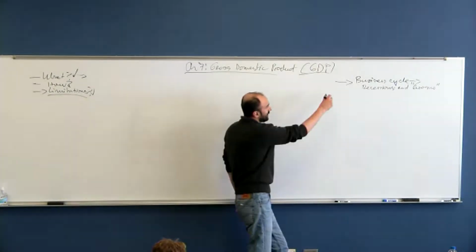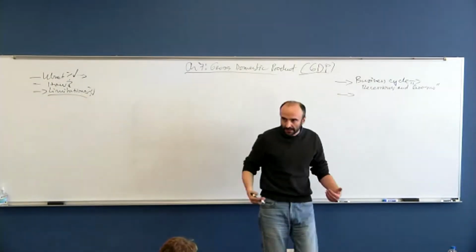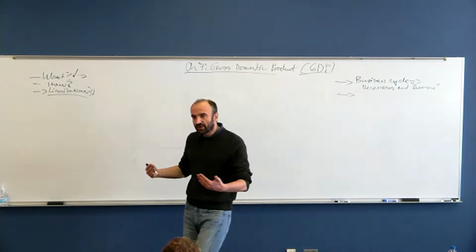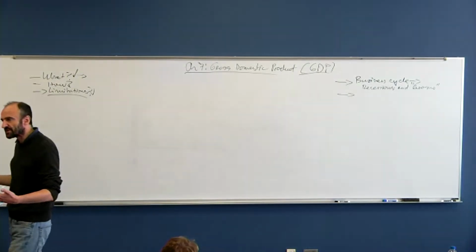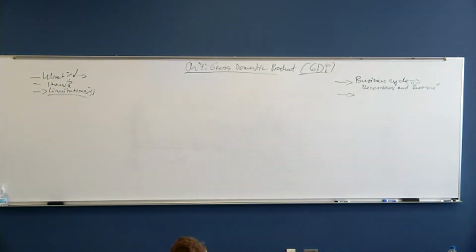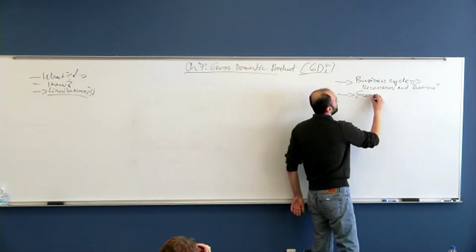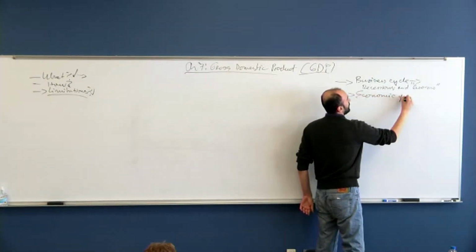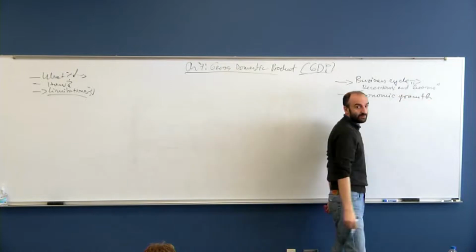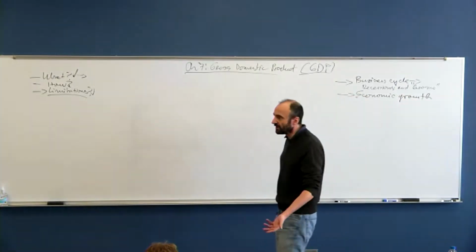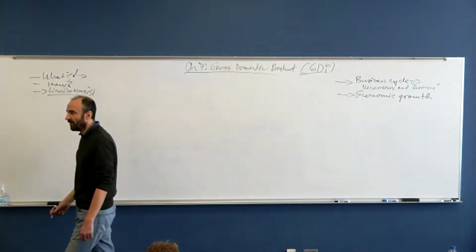Another concept you'll see that is defined in the same breath when you say that the GDP statistics is necessary to define whether we are in a recession or not is economic growth. How we measure whether an economy is growing. It's GDP.